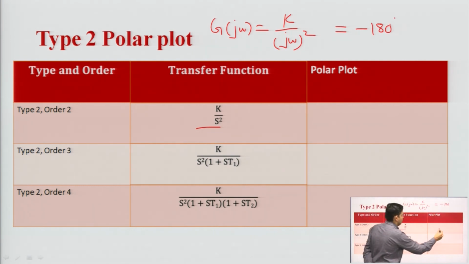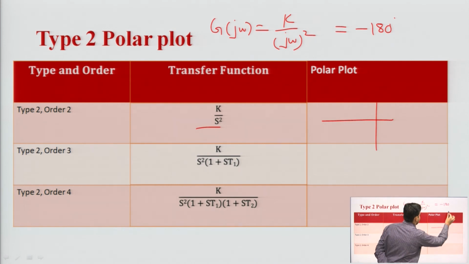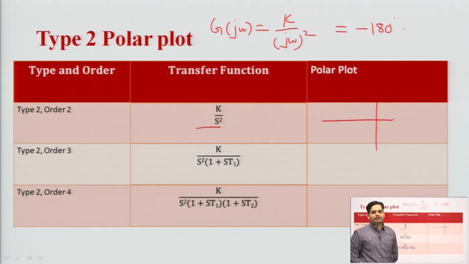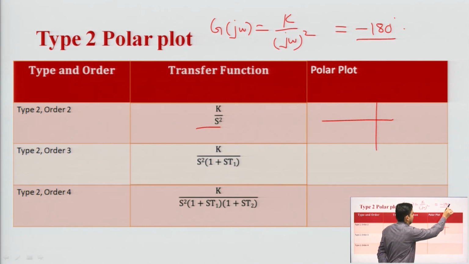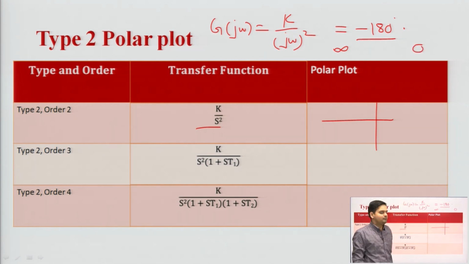So, where will my polar plot start? You will find in this case again my phase is not a function of omega. When I put omega equal to 0, I will get minus 180. When I put omega equal to infinity, again I will get minus 180. Initially my magnitude would be infinite, and when my omega moves to infinity, this will become 0.